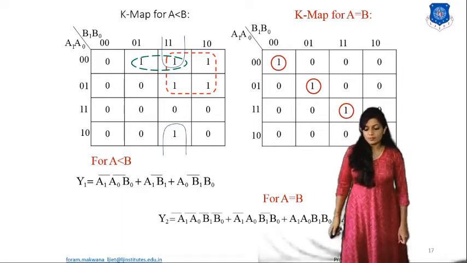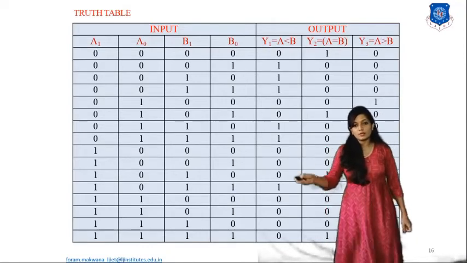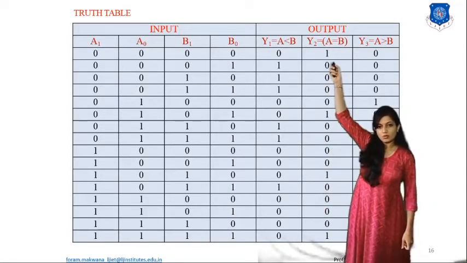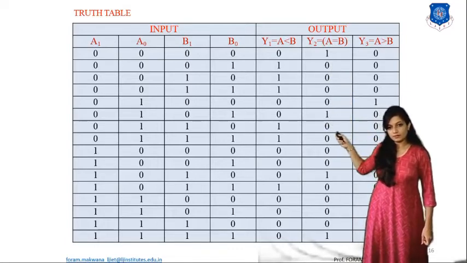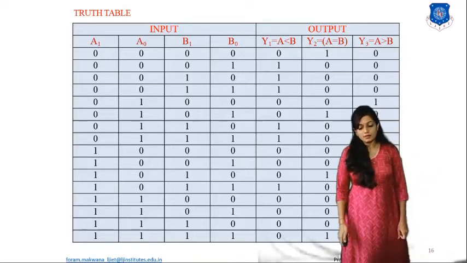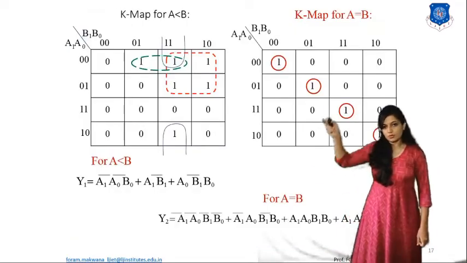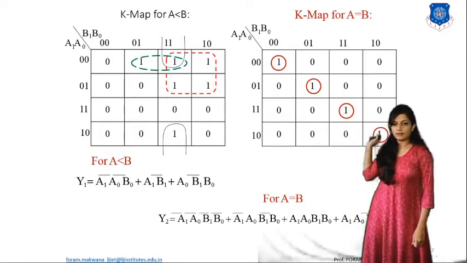And for A is equal to B, at which positions are we getting the one? There are only 4 positions: 0, 5, 10 and 15.